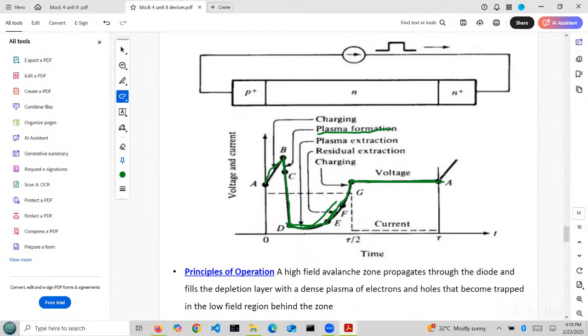After that, what happening? Second cycle is started. What is the first cycle? Overall, in the first cycle, what we are discussing? Increase, capacitor is charging. Capacitor is discharging. When the capacitor is discharging, I am calling it plasma formation. After plasma formation, extraction of the plasma. Once the extraction of plasma is done, again it is charging.